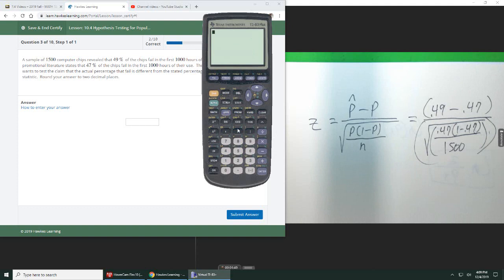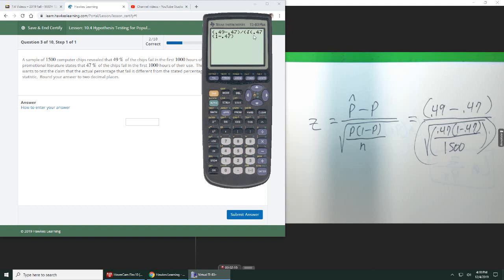Then I'm going to open up parentheses, and we're going to do 0.49 minus 0.47, and then close, divided by, and then we open parentheses on the bottom, and then the square root, and then we're going to do 0.47, and then I'm going to open parentheses again, and type 1 minus 0.47, and then close parentheses.